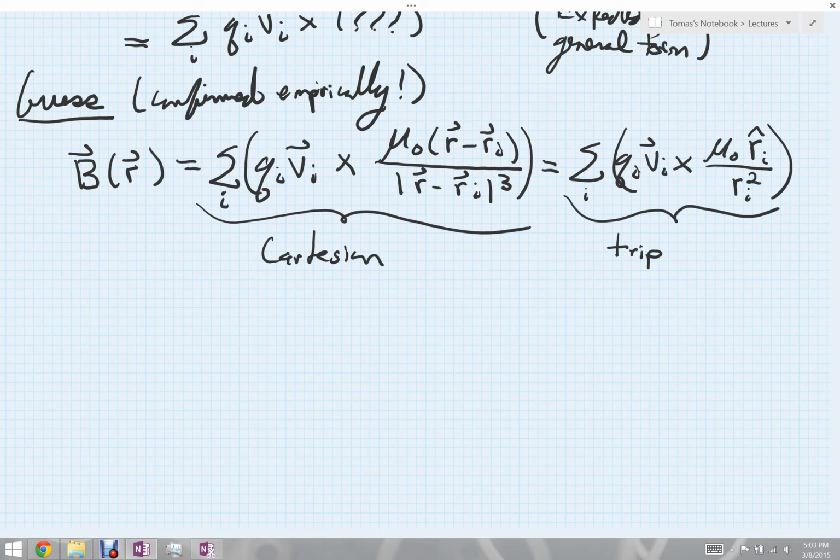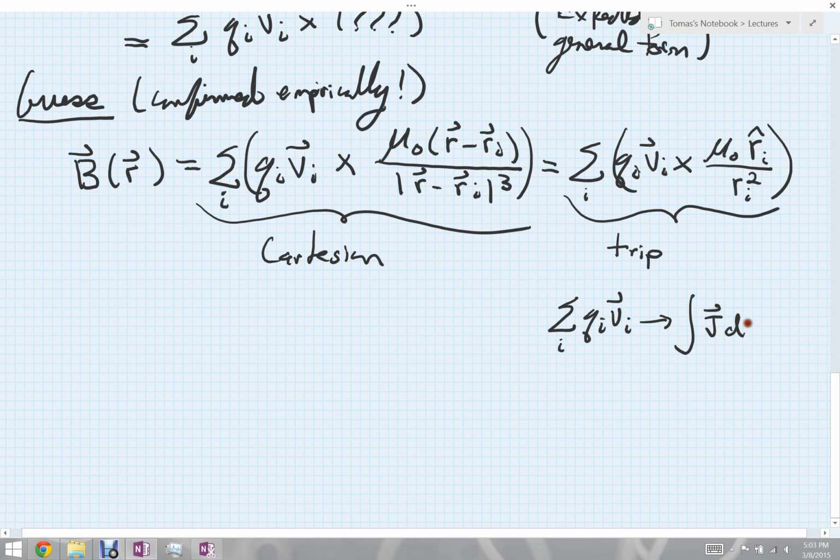I want you to remember that we can always make the replacement sum on I QI VI. We learned we could replace that either with an integral over J dV, right? Or as an integral of I dl.